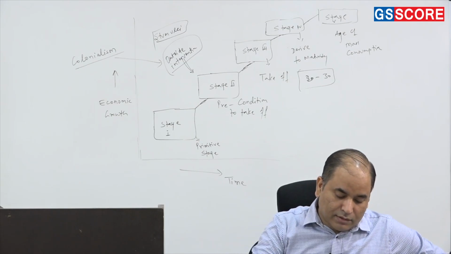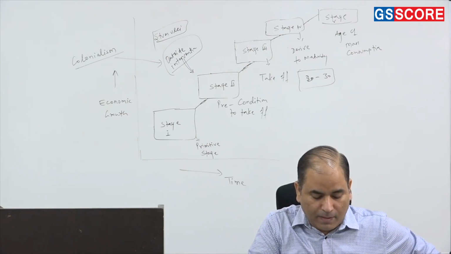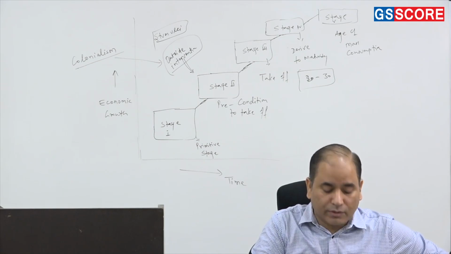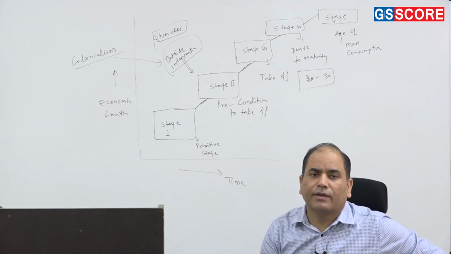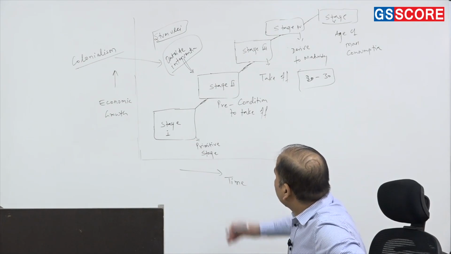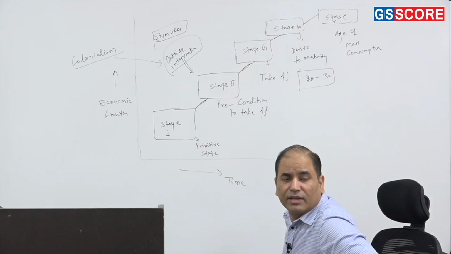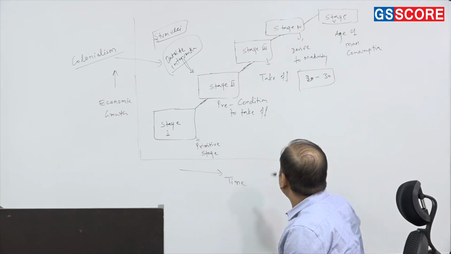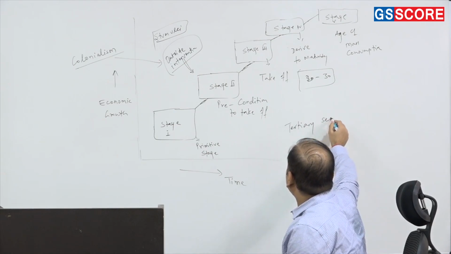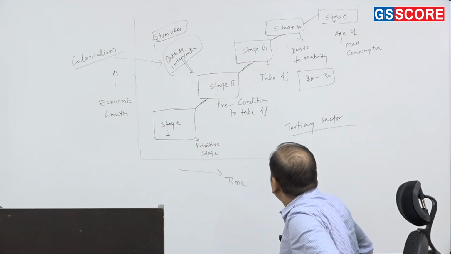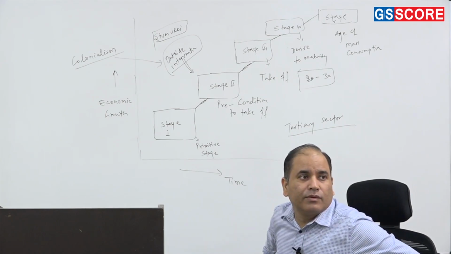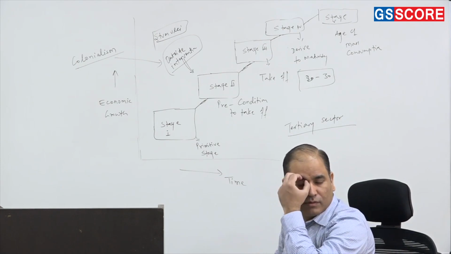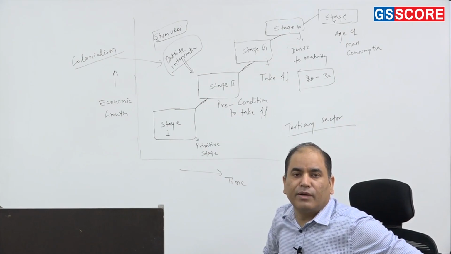Also, next point. The stages suggested by Rostow for growth are very unrealistic, as lots of countries have directly reached the fourth stage from stage 2 without any outside influence.